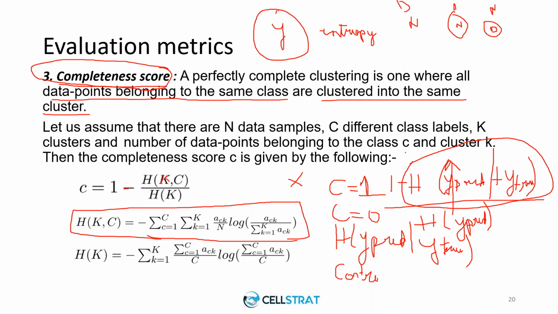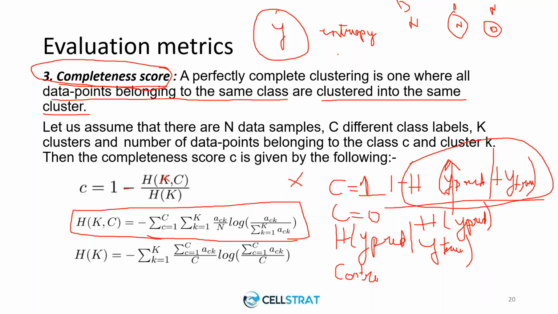So in a given large data set of unlabeled data, if you have a small data set with some sort of label, you can make use of completeness score. But if that is not available, then definitely you cannot use completeness score. That's why I told of two different types of evaluation metrics, the external and the internal.